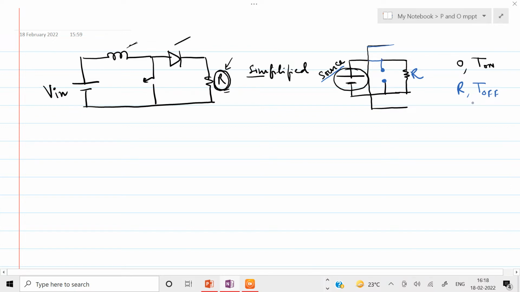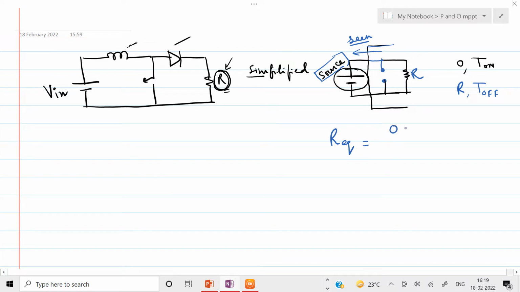Okay, now this switch is turning on and off at a very fast rate. So what would be the resistance or load that would be seen by this source? I can write it down. The average value of the load resistance that would be seen by the source, let me call it R equivalent.